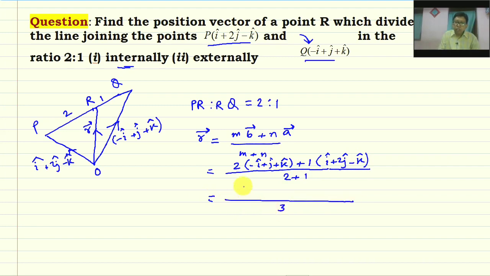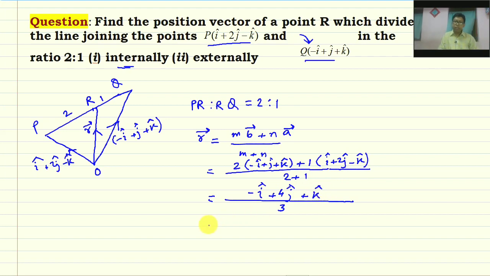So the denominator is 3. In the numerator you are getting −2î + î, that is −î, plus 2ĵ + 2ĵ, that is 4ĵ, plus 2k̂ − k̂, that is plus k̂.